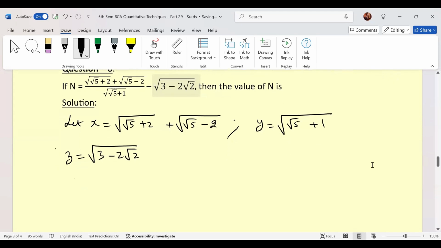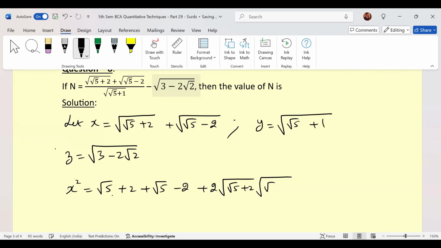Now let us first consider x square. X square means this plus this the whole square. So it is like a plus b the whole square. So a square means only root 5 plus 2 will come plus b square, root 5 minus 2 will come, plus 2 times root of root 5 plus 2 times root 5 minus 2.